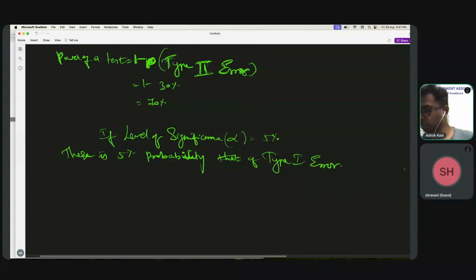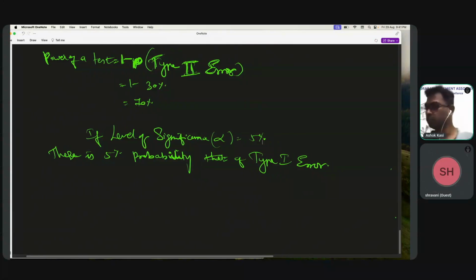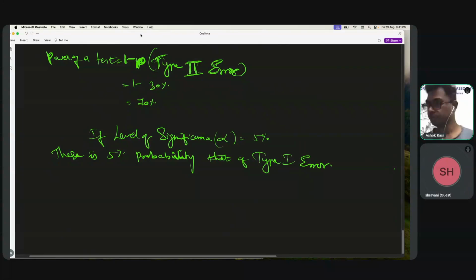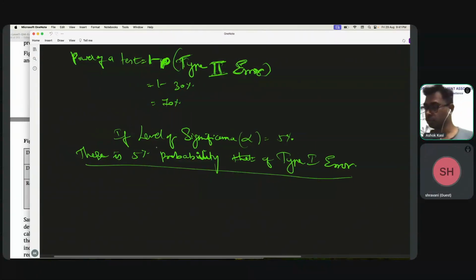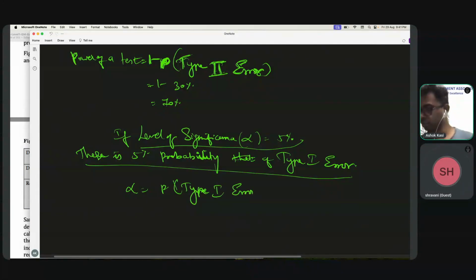That means you are rejecting the null hypothesis when it is true. This kind of statements they may ask. So level of significance is equal to probability of type 1 error.